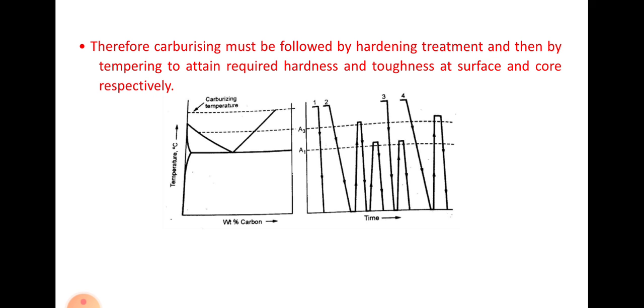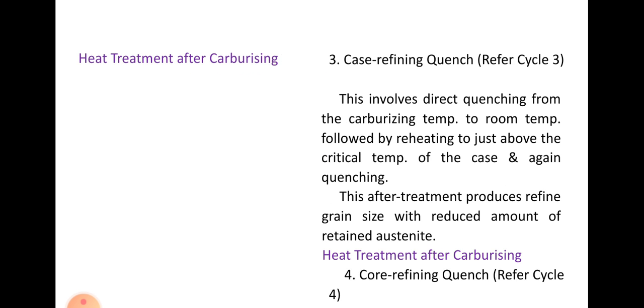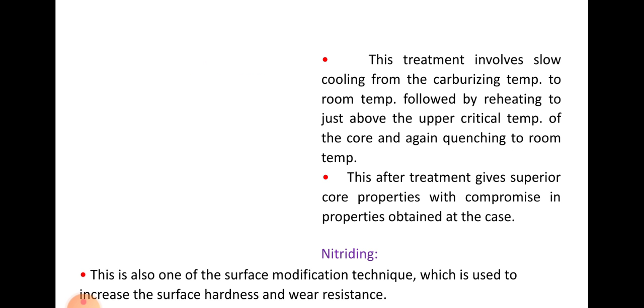Then the last, fourth cycle, is known as core refining quench. It involves slow cooling from the carburizing temperature, followed by reheating to just above the upper critical temperature of the core, and quenching again. This gives superior properties to the surface, and that is about heat treatment of carburizing.